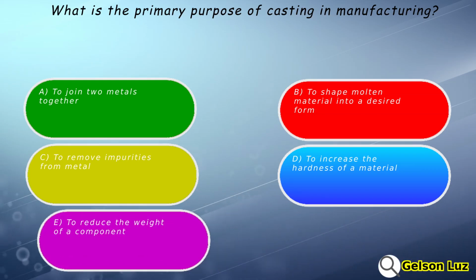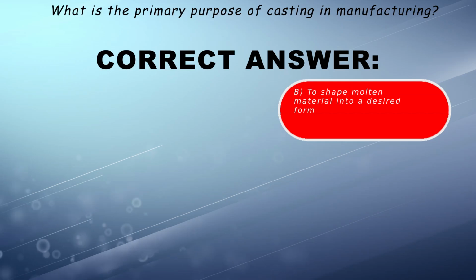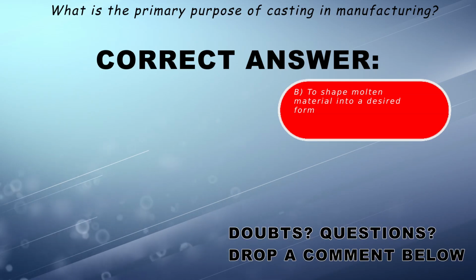E. To reduce the weight of a component. The correct answer is B. To shape molten material into a desired form.